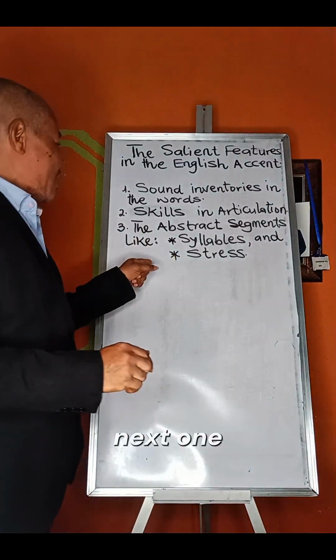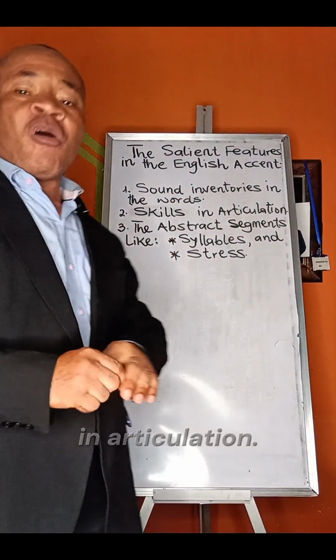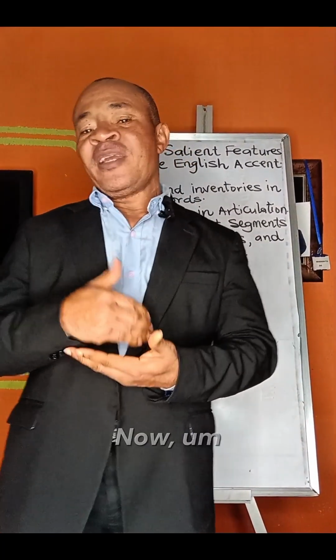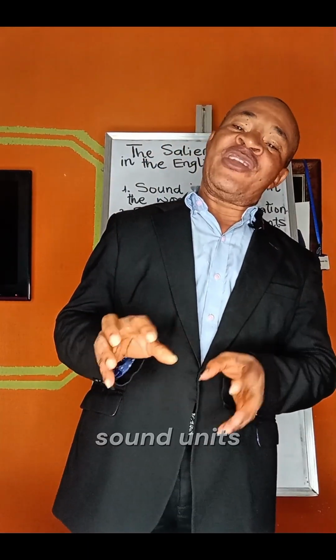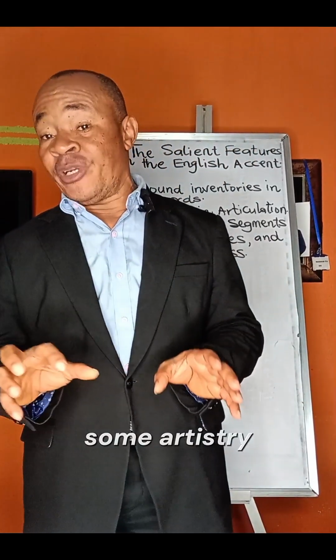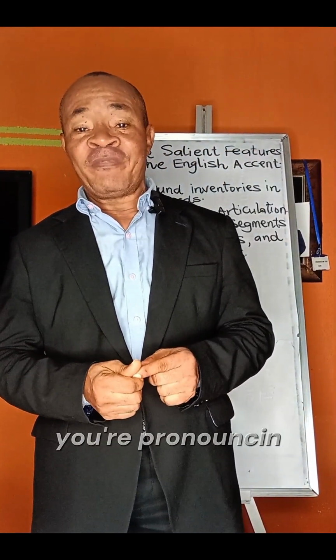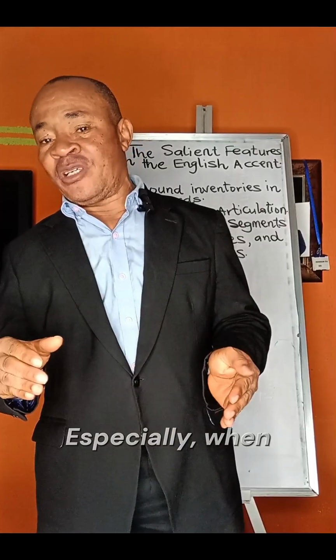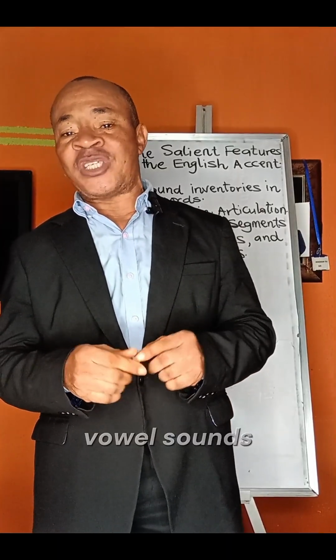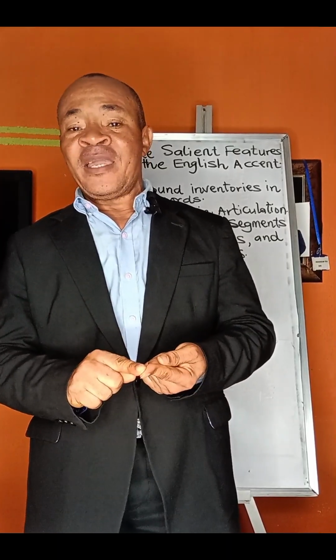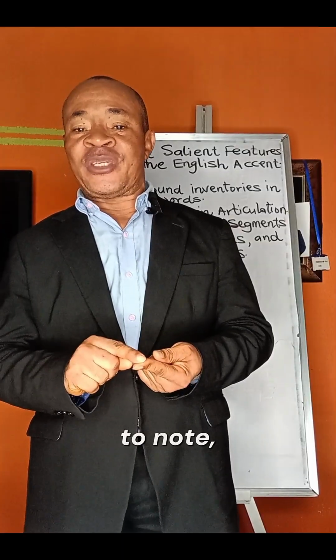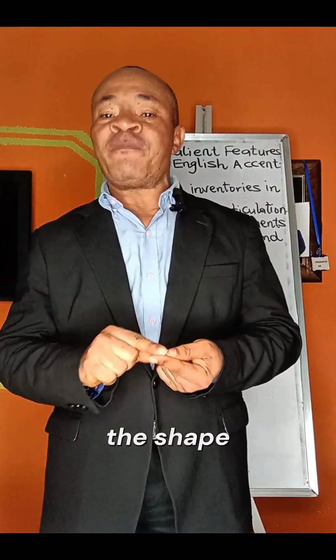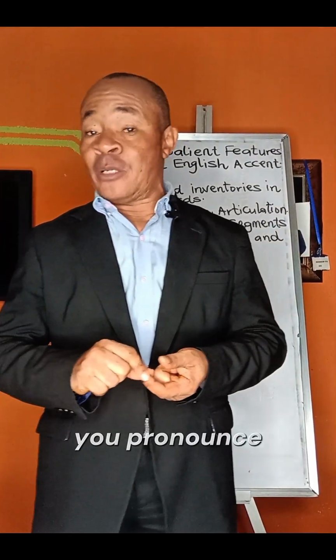And the next one is skills in articulation. The English sound units require some skills, some artistry when you're pronouncing them, especially when you talk about the vowel sounds of the English language. You have to note the shape of your mouth when you pronounce the sounds.